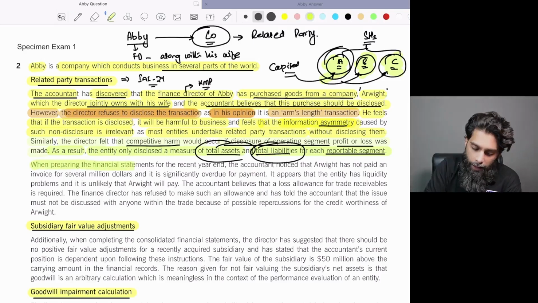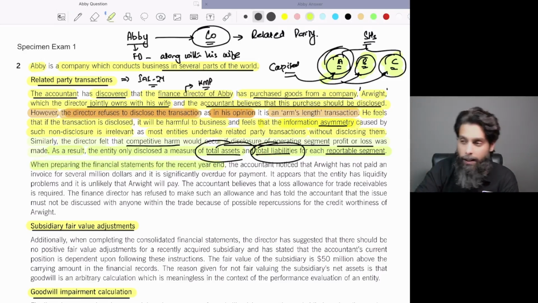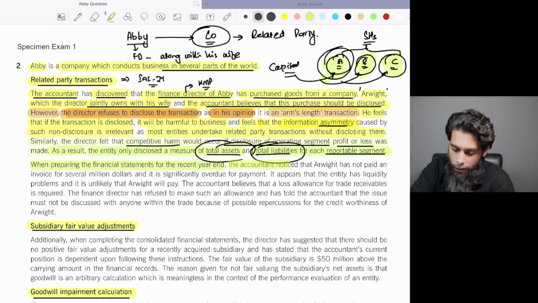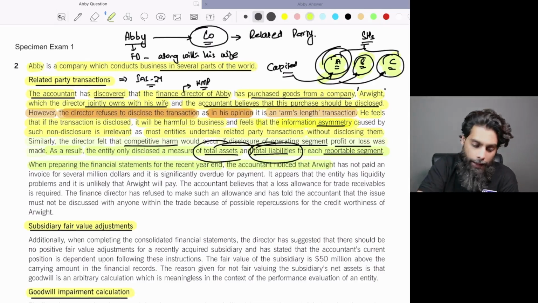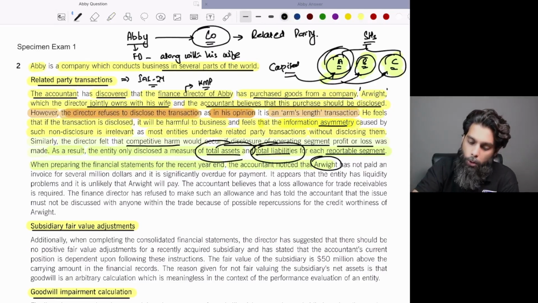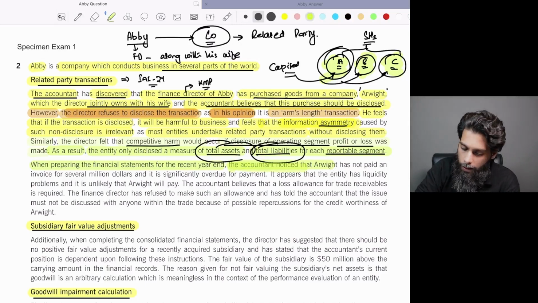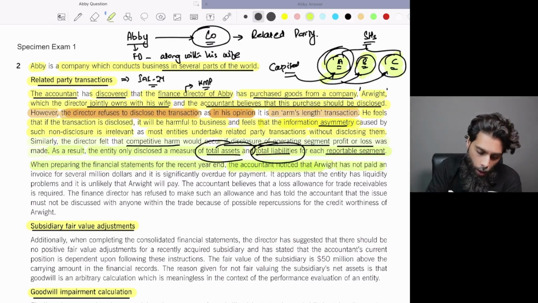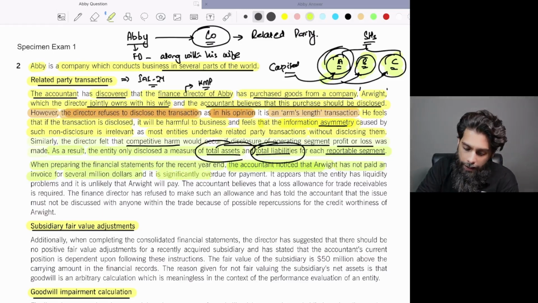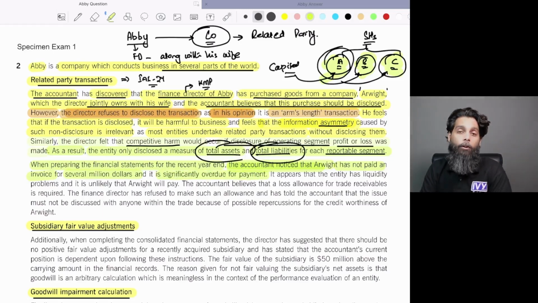The examiner says that when preparing the financial statements for the recent year end, the accountant noticed that R White is the same company from which you were acquiring goods, which was a related party according to us, according to the reporting accountant. The examiner says the accountant noticed that R White has not paid an invoice for several $1 million, and it is significantly overdue for payment.